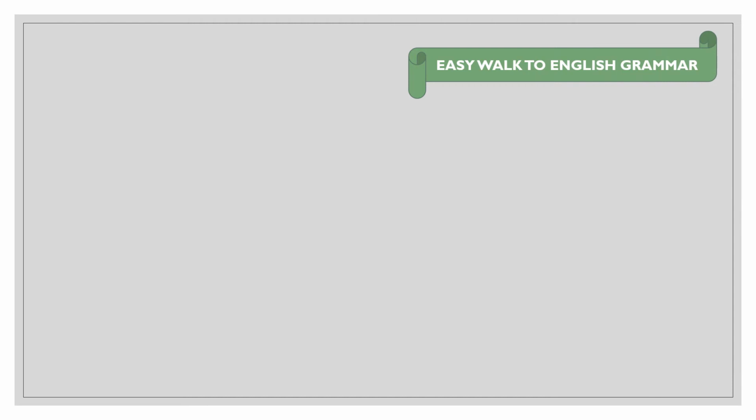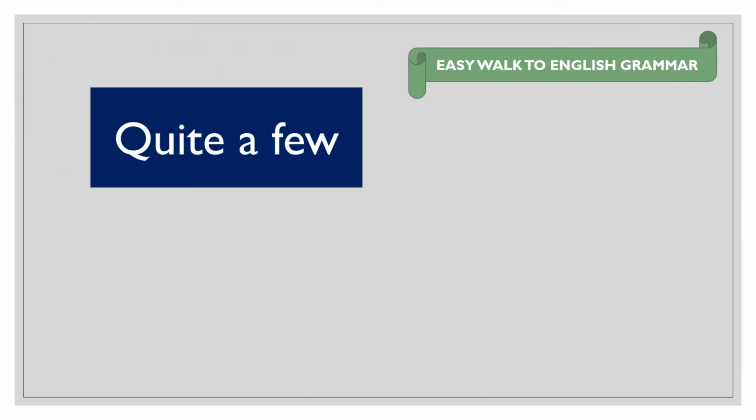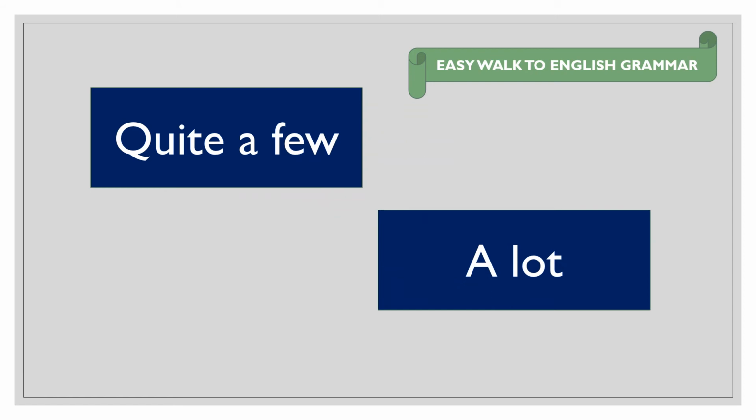Now let's check what happens when we add another word, quite, in front of the phrase a few. What meaning change happens there? The phrase quite a few means a lot. When we merely added another word, quite, along with a few, the meaning has changed entirely and it now means a lot.